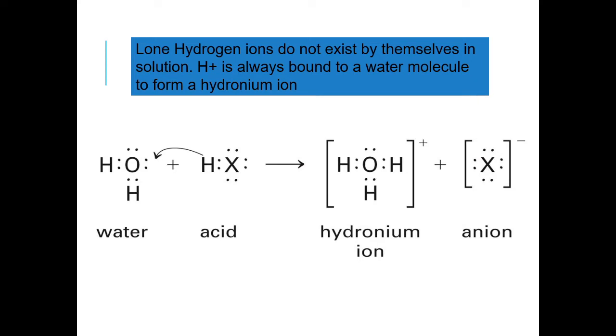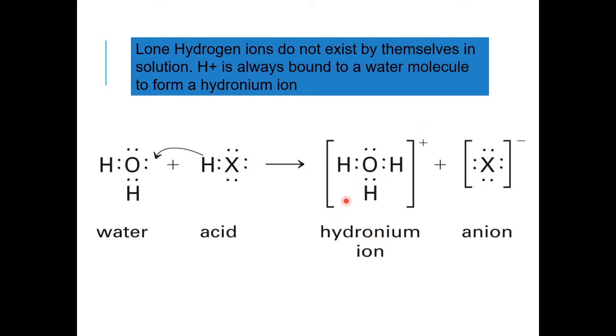What it actually does is attach itself to the water. So this is your acid right here. This is the hydrogen that the acid is going to lose. Instead of being a free-floating H plus, it will attach itself to this oxygen in water and create an H3O plus hydronium ion. It's a water molecule with an extra hydrogen attached to it.